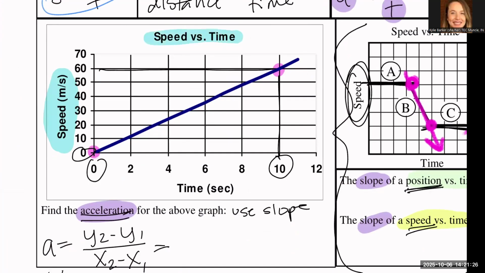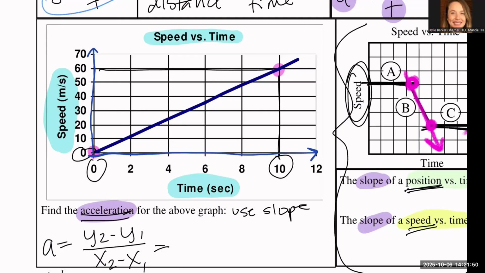This is a speed versus time graph. It is not a distance versus time graph or a position versus time graph. Still time down here. And it's measured in seconds. So we can see that time is passing from 0 seconds all the way up to 12 seconds. And then speed is going from 0 all the way up to 70 meters per second.